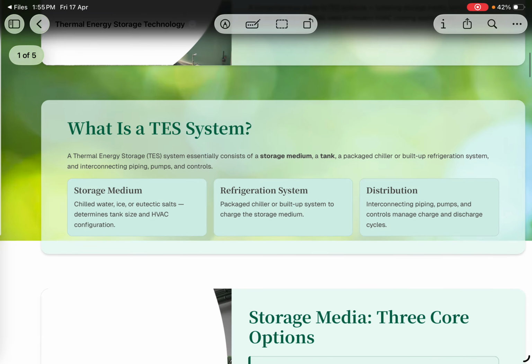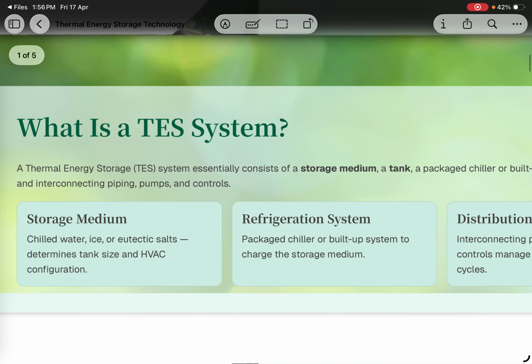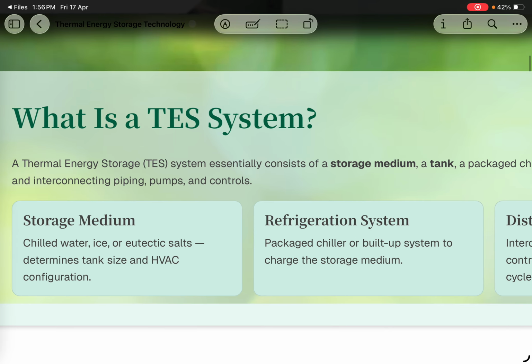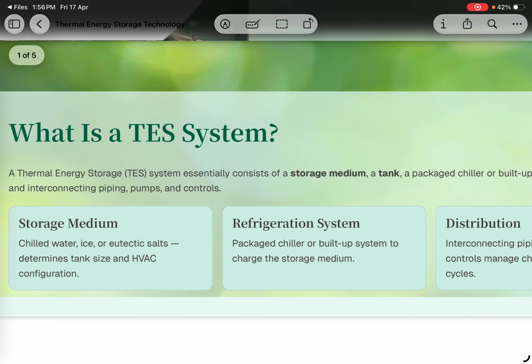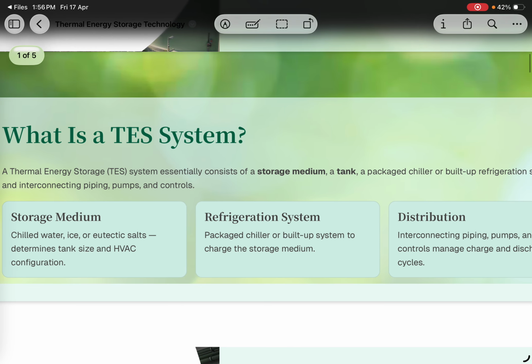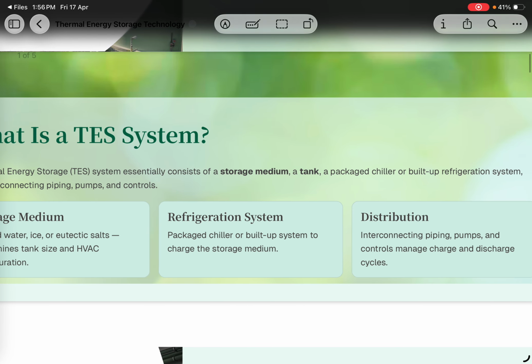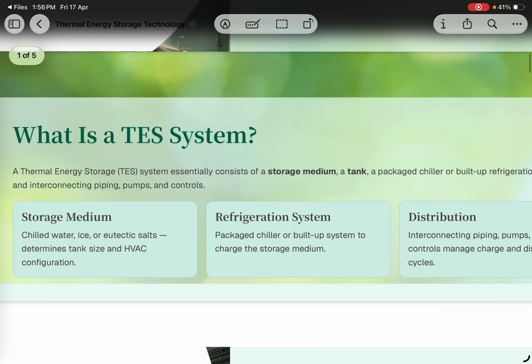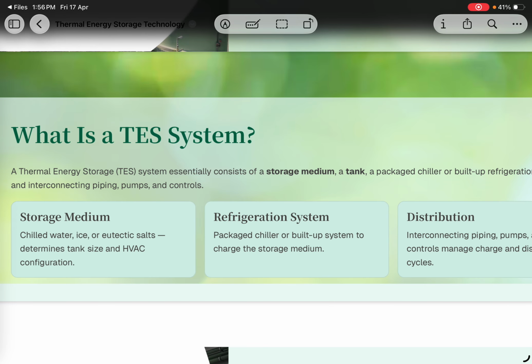So, what is a thermal energy storage system? TES or thermal energy storage system essentially consists of some medium for storing the energy, that is a storage medium, then a tank for holding that medium, and then there has to be a chiller which would generate the refrigerating effect, and then there has to be an interconnecting piping system, chilled water piping systems, then pumps to make sure that the chilled water circulates, and appropriate controls.